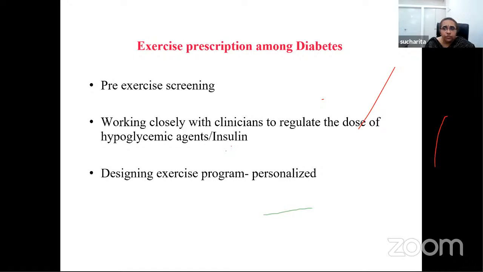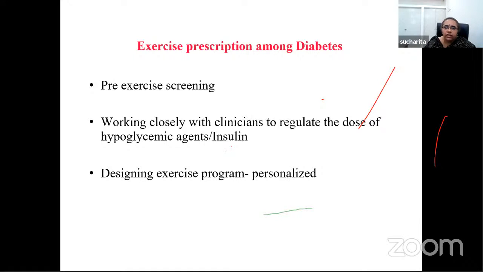But is it important for us to pace their walking? If they are pacing, what are the different factors we have to consider are some things we'll touch upon. One of the most important things is pre-screening, or the pre-exercise screening. As a nutritionist, it's very important for you to ask an individual what difficulties the individual has.